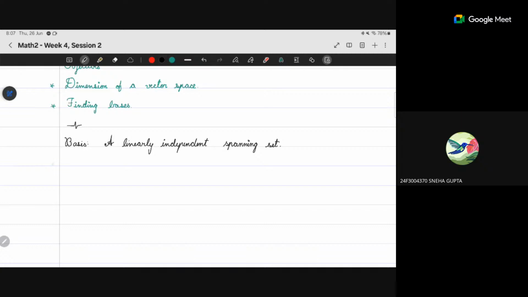And equivalent formulations were a maximal linearly independent set (LI would stand for linearly independent) and a minimal spanning set. So what is a maximal linearly independent set?